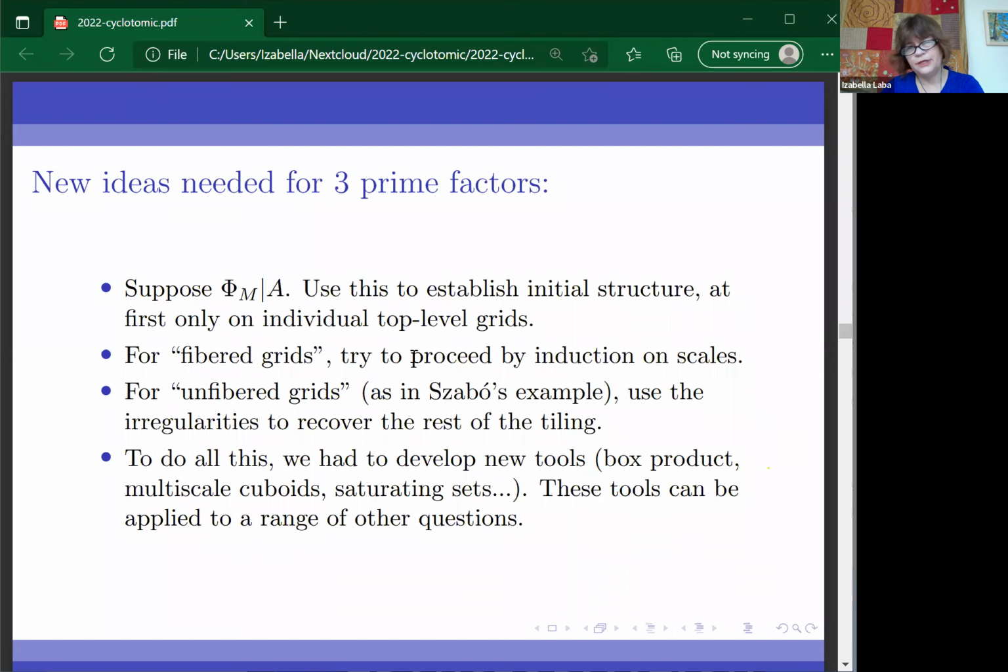I'm not going to explain all of those, but I do want to mention that those can be applied to other problems, and this is not just hoping that this can be applied to something interesting, but I already have a couple more applications that I'm going to tell you about in the rest of the talk.